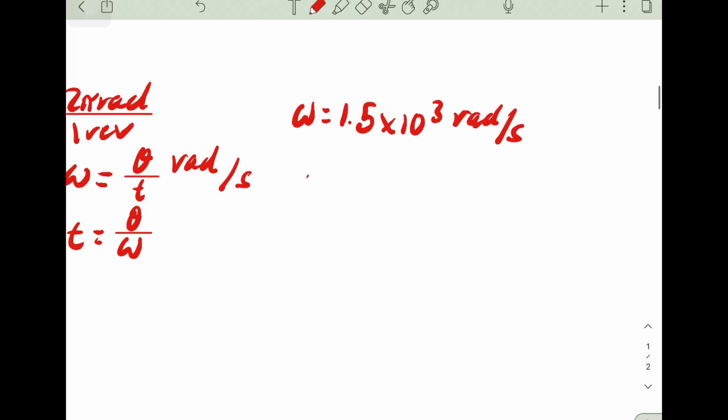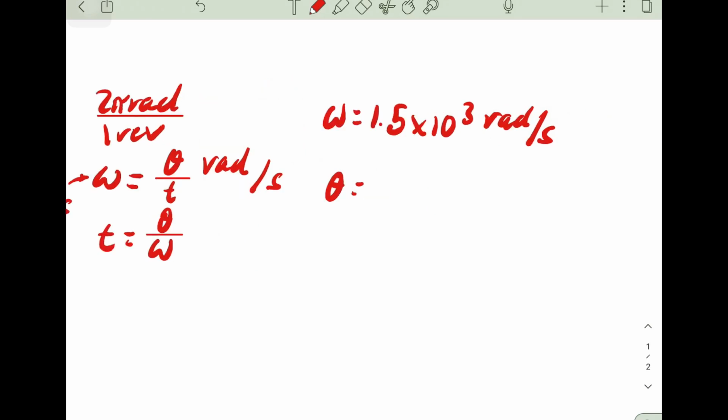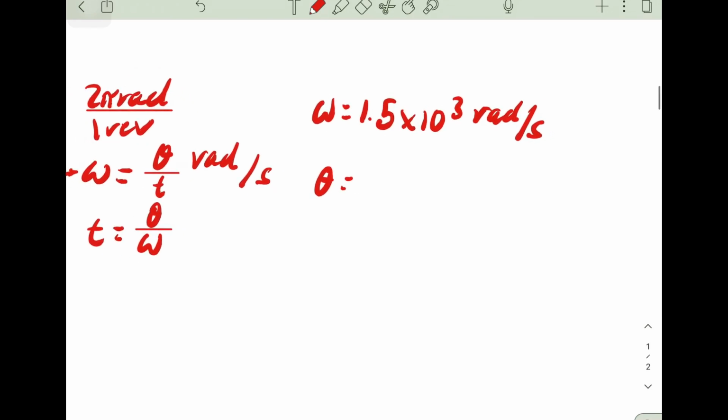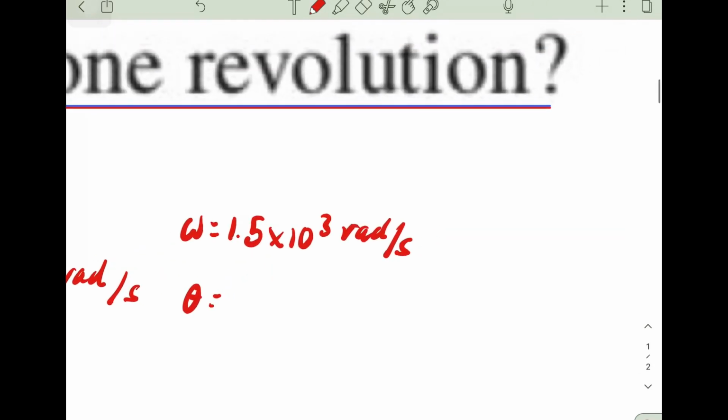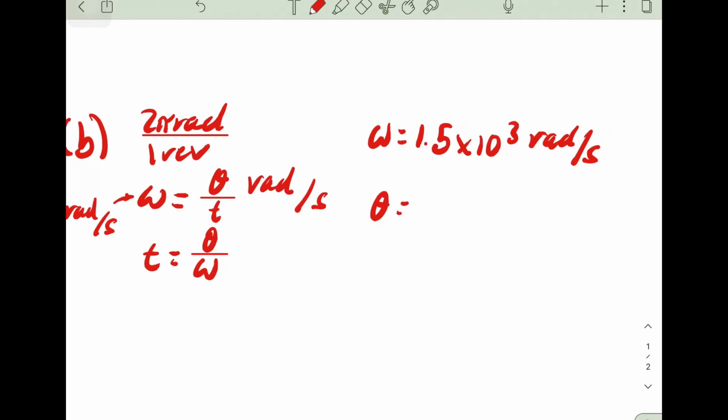Since it's going around in 1 revolution, every 1 revolution, you do 2 pi radians, the distance that goes around in a circle. So that's the angular displacement. It's telling us in 1 revolution, so luckily we can already say, since it's 1 revolution, its angular displacement has to be 2 pi radians.